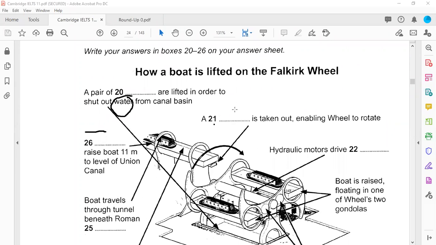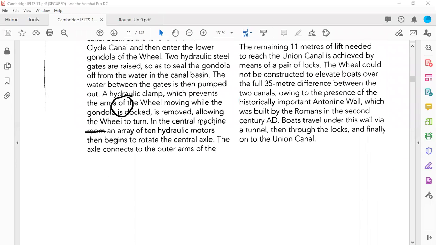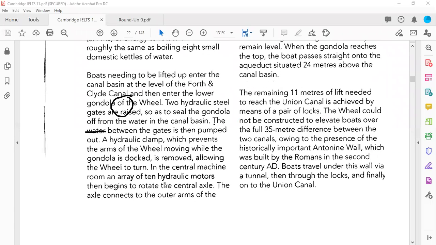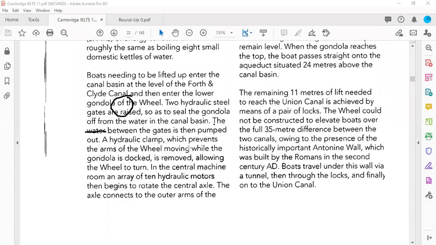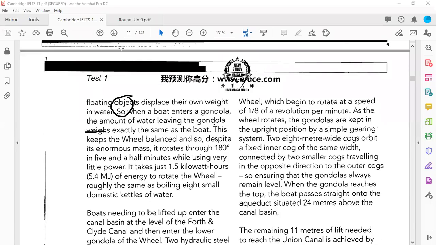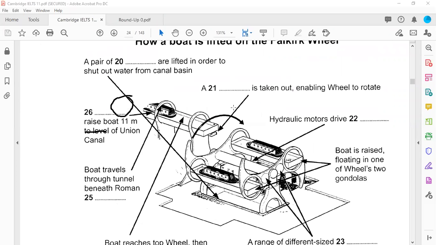22. Hydraulic motors drive what? Axle. I thought of that, but it says one word.